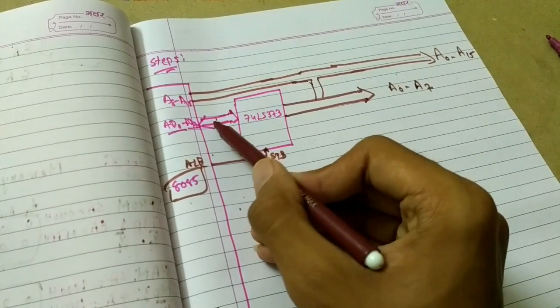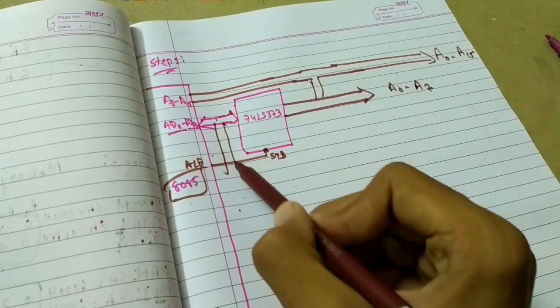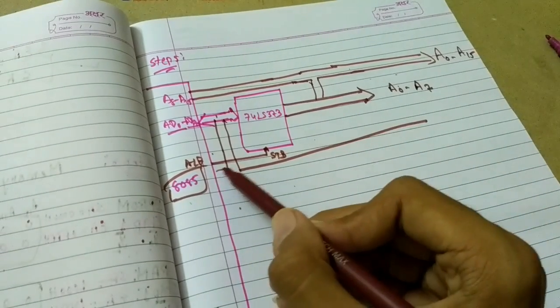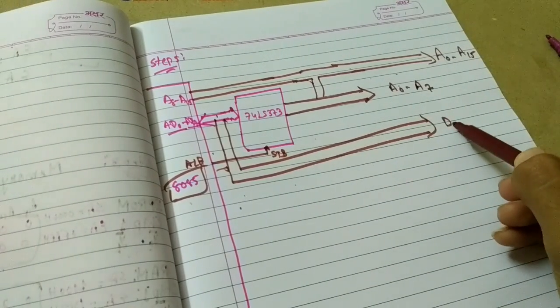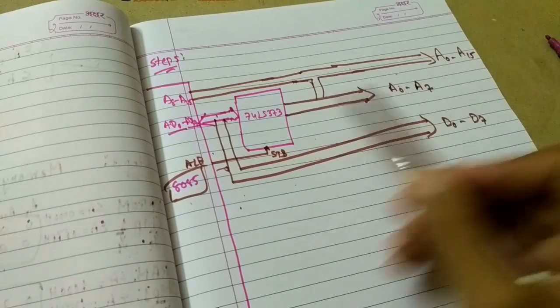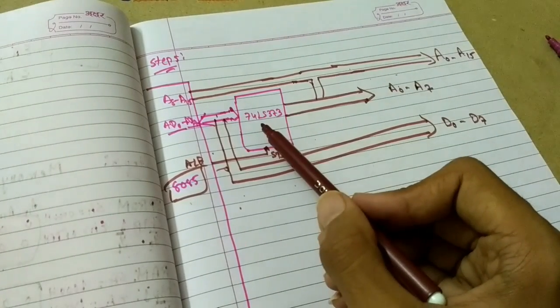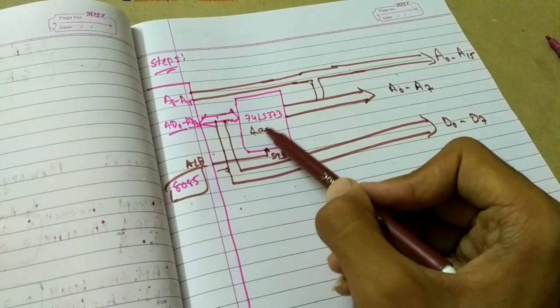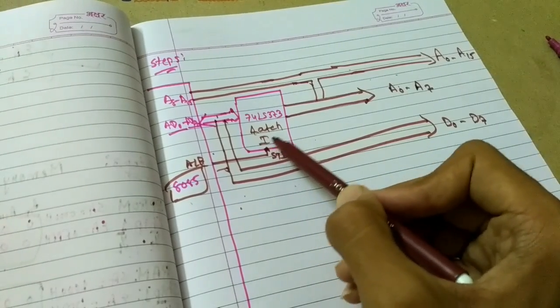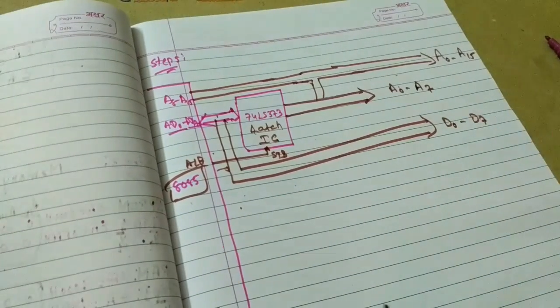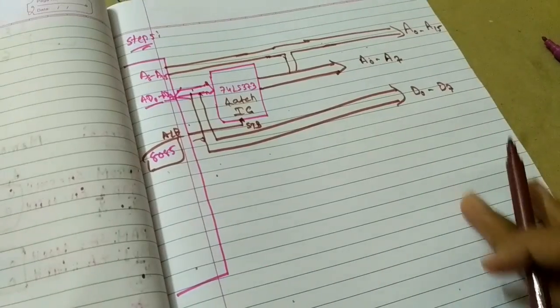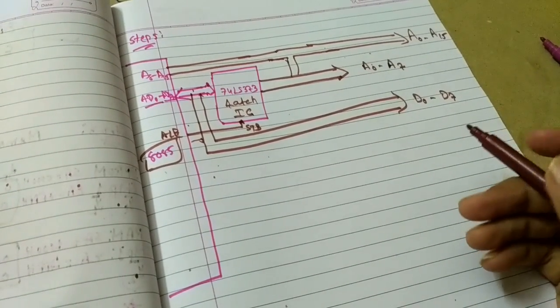And from here we will get the data, D0 to D7. So by using this latch IC, we can separate the address and data bus, that is, the lower order address and data bus.